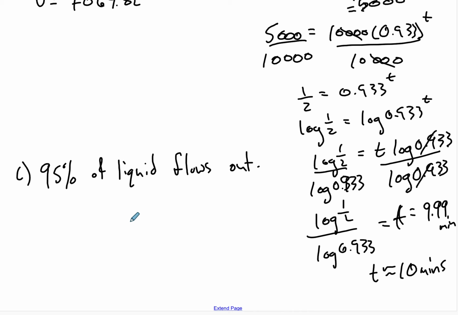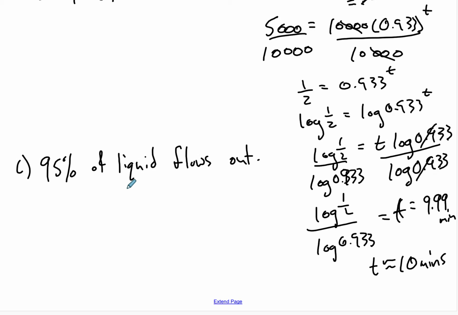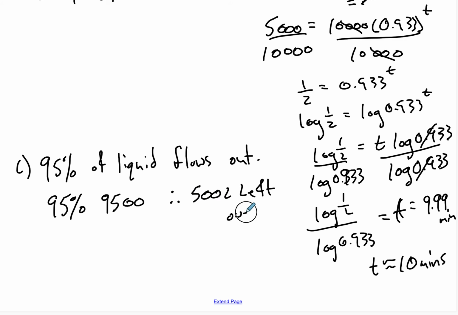Finally, we're looking at the last bit of question 7, where we want to know when 95% of the liquid flows out, and we also want to show that it takes almost 3/4 of an hour for this to happen. So 95% of 10,000 is going to be 9,500, and that leaves us with 500 liters left over.